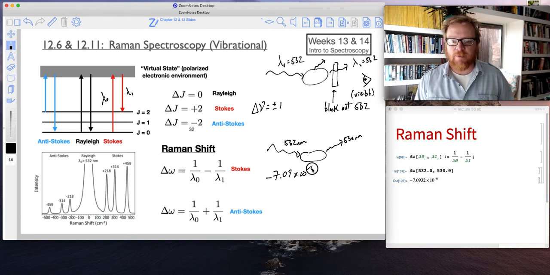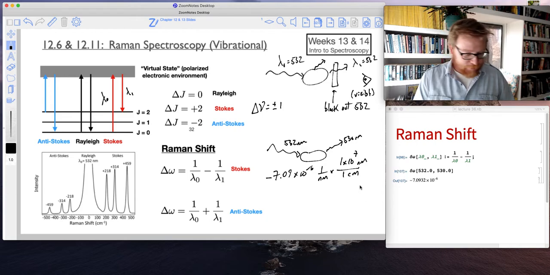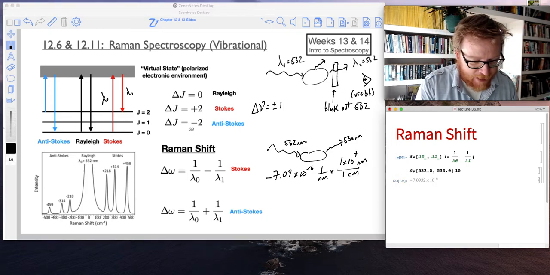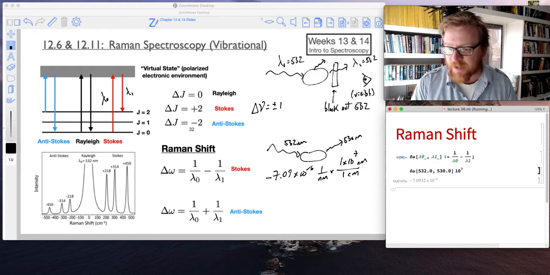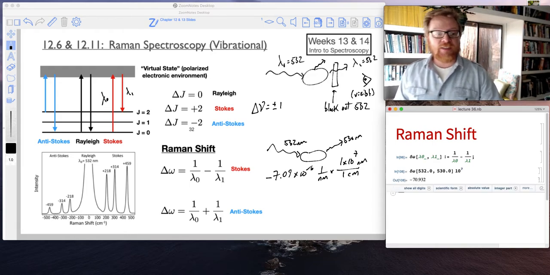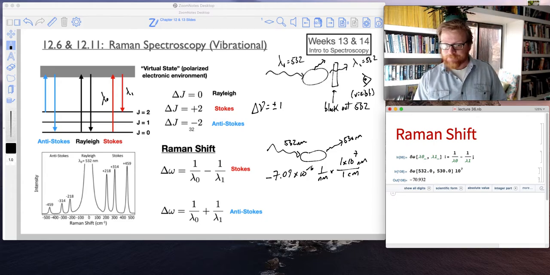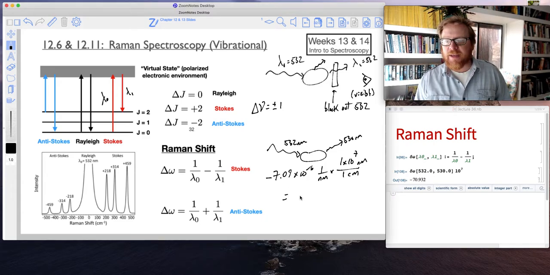Well, we know there's 1 times 10 to the 7 nanometers in 1 centimeter. So if I multiply this by a factor of 10 to the 7, that's going to put that in units of wave numbers, okay?